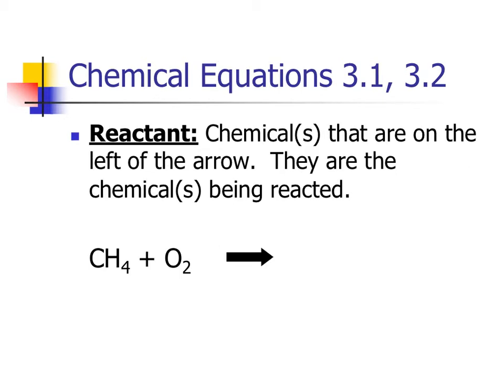The reactant side, the chemicals on the left side of the arrow, are the chemicals that are being reacted. So the reactants are the ones that are reacting, the things that are making the chemistry happen.